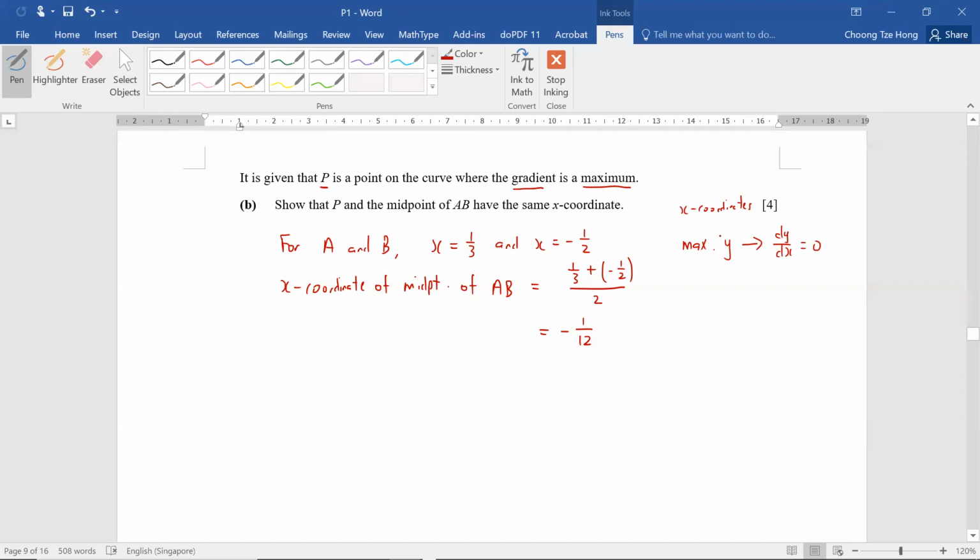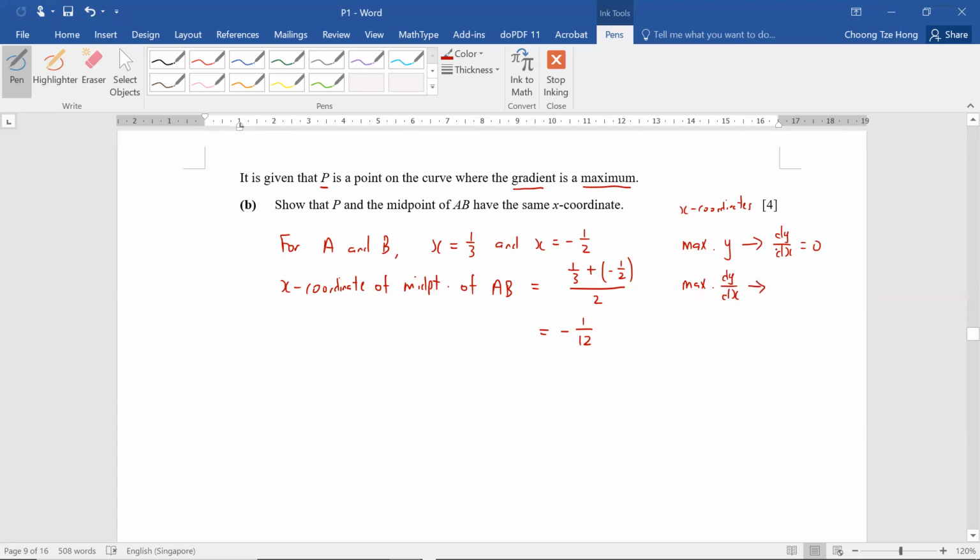Also, what we did just now, at the stationary points for y, we set dy/dx to be 0. Now what we want is the x coordinate when the gradient is maximum, when dy/dx is maximum.